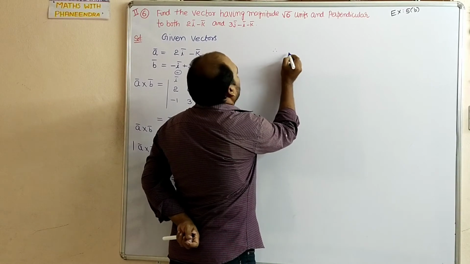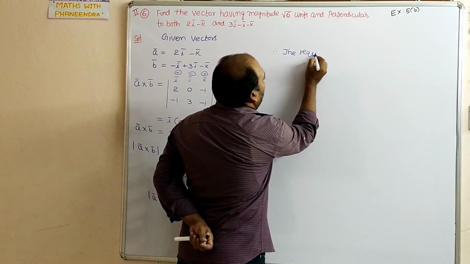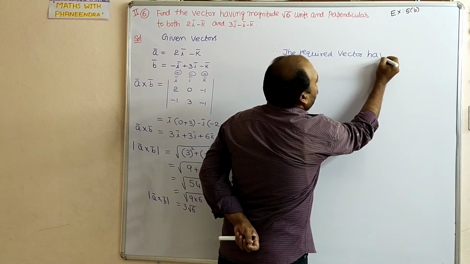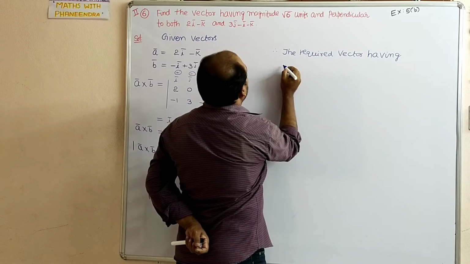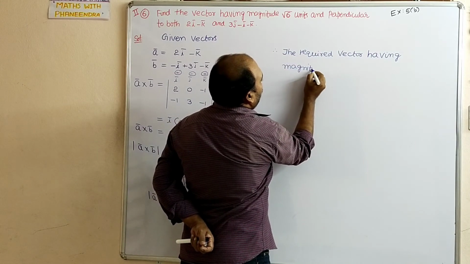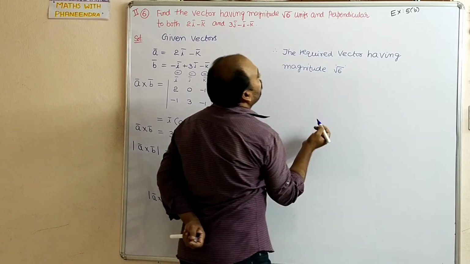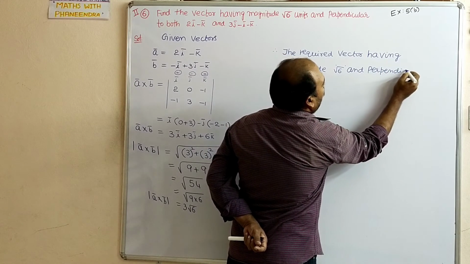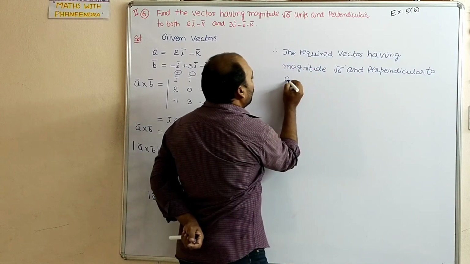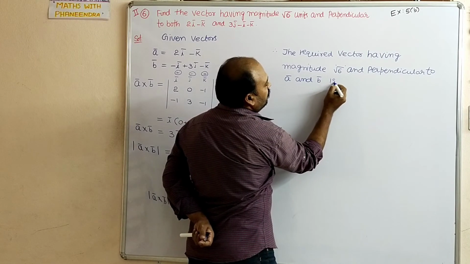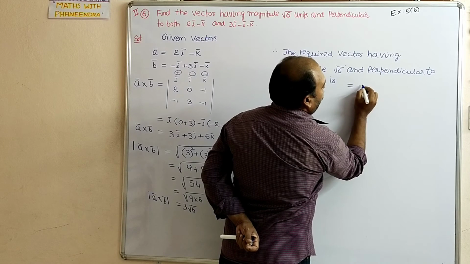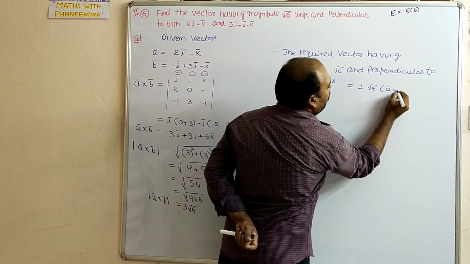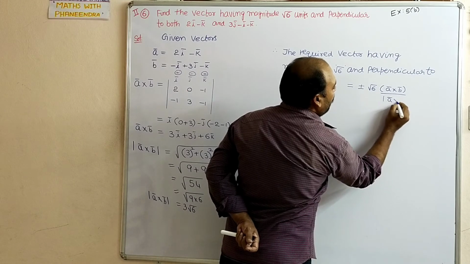Therefore, the required vector having the magnitude root 6 and perpendicular to a bar and b bar is plus or minus, required vector magnitude is root 6 now, root 6 times a bar cross b bar divided by magnitude of a bar cross b bar.